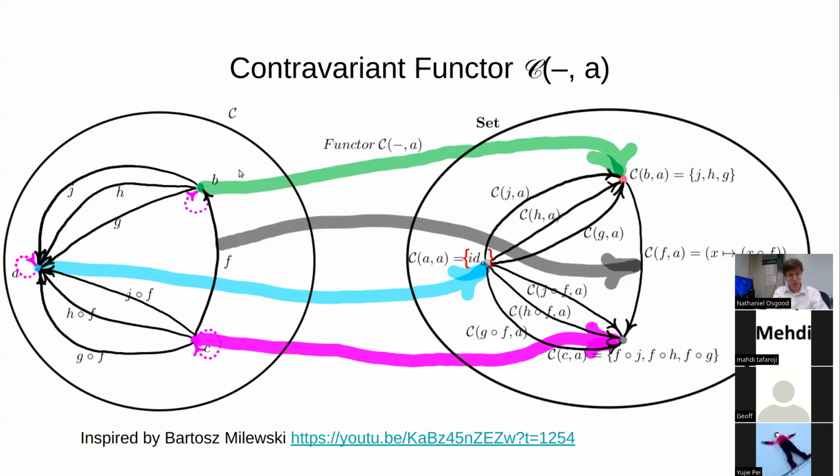Do you see why it's contravariant? Here, this arrow is flipped around. The fact that this goes from C to B lets me get something that goes from CBA to CCA. It's flipped around here.